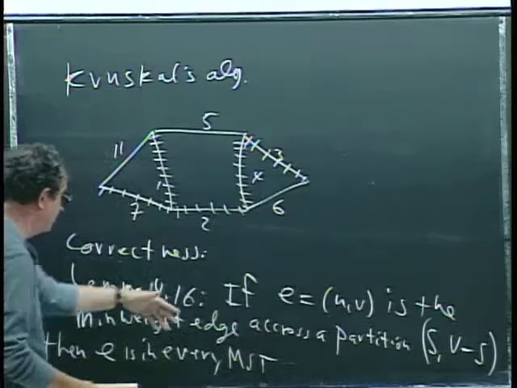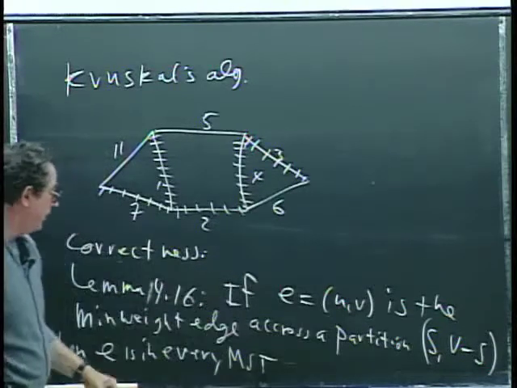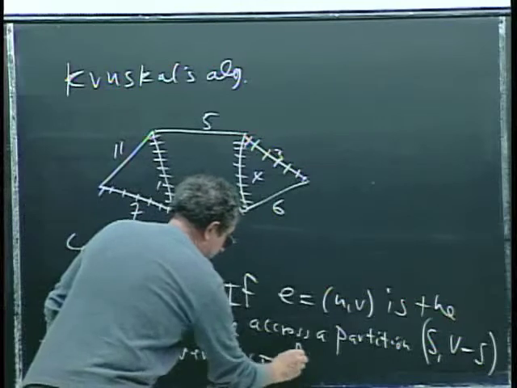So implicit in here is there is a graph, and I'll call it G.